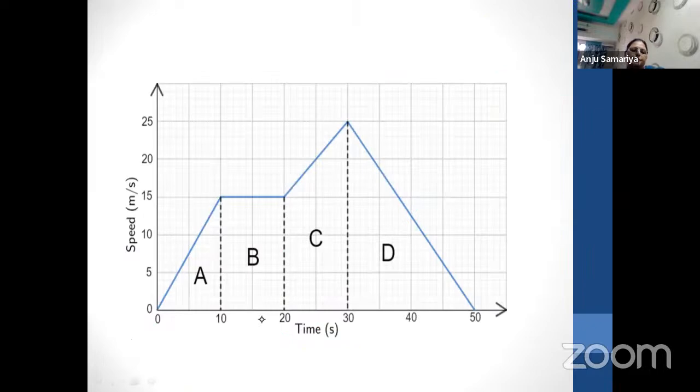Now I'll do this one. This is speed, so it is the same as the velocity.